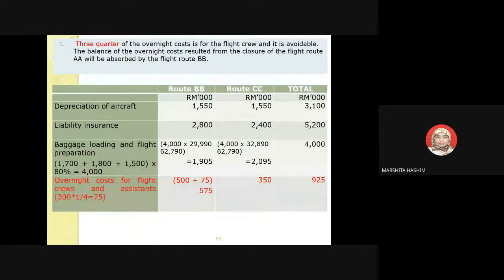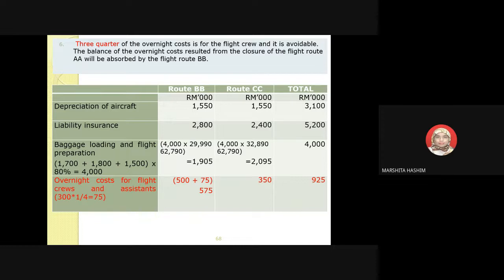Next, overnight cost for flight crew is avoidable. That means for double A avoidable, you can save cost. How many? 3/4 is avoidable. That means another 1/4 is unavoidable. Unavoidable means irrelevant cost that you have to pay, whether you continue or stop, you still have to pay.